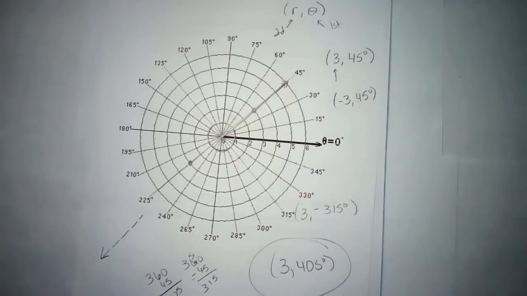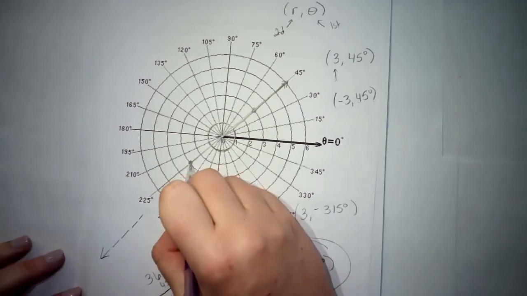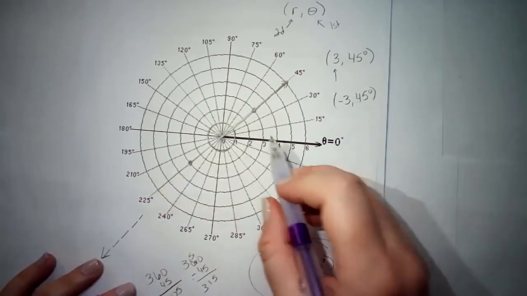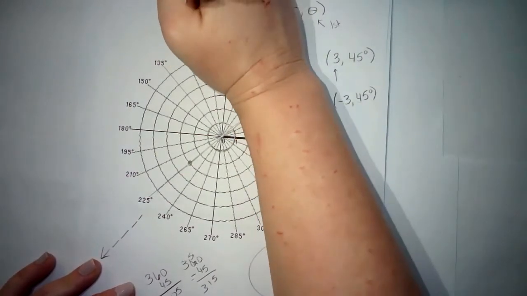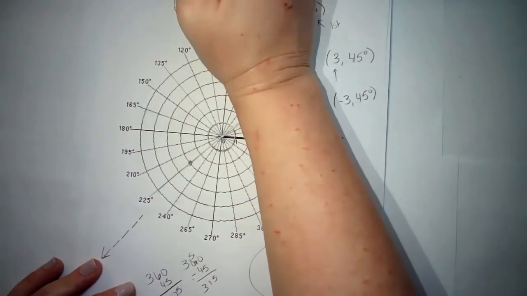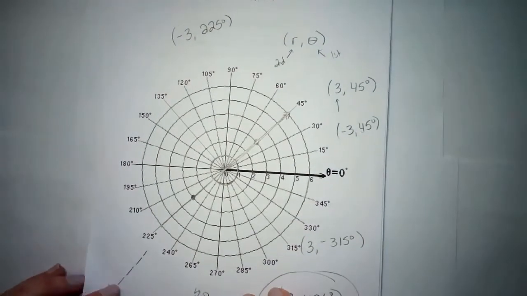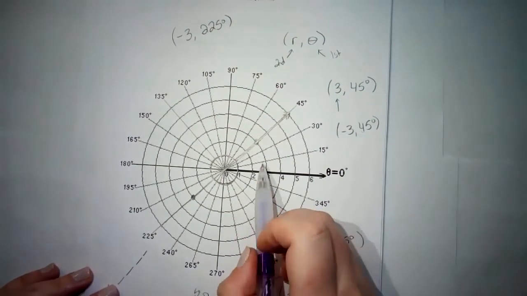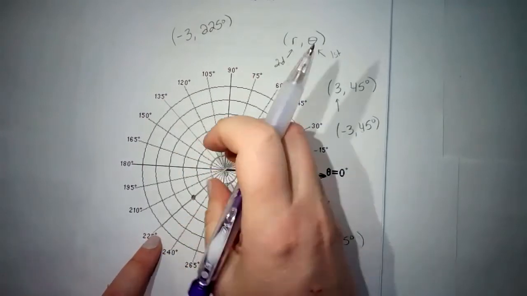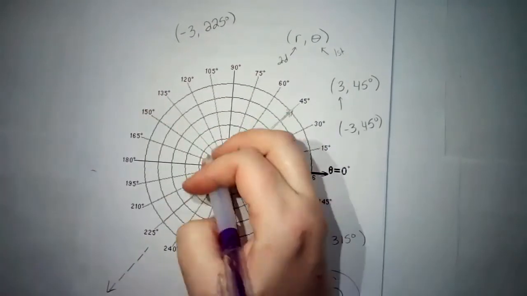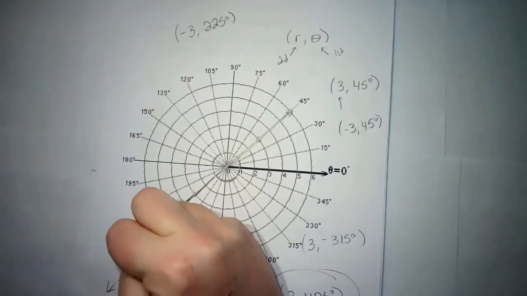You can add 360 and spin around a million times. You can subtract 360, spin around a million times. What about the negative situation? I could even take it further and say, this point right here, I could call it (-3, 225°). Well, if I'm here and I go 225 degrees, my polar axis is now here.